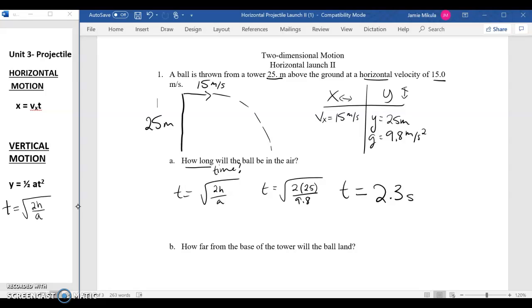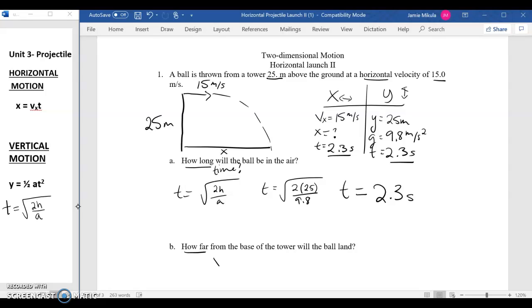Then it says, how far from the base of the tower will the ball land? How far is going to be a horizontal distance, so I'm looking for x. So x is my question mark. Remember that for time, after you find it, you can use it in both the vertical and the horizontal. Time is the only thing that can be used in both the horizontal and vertical motions.